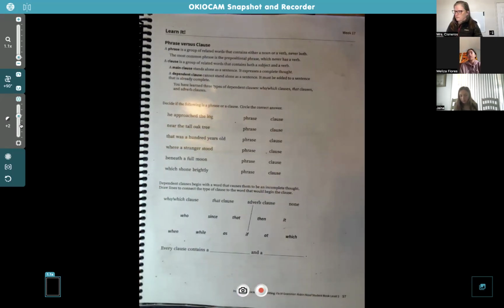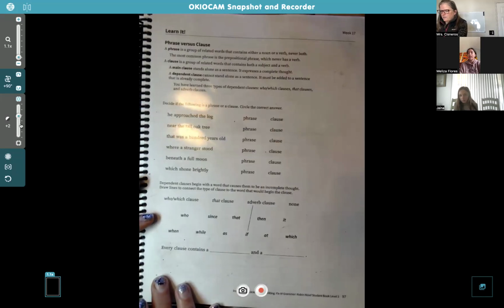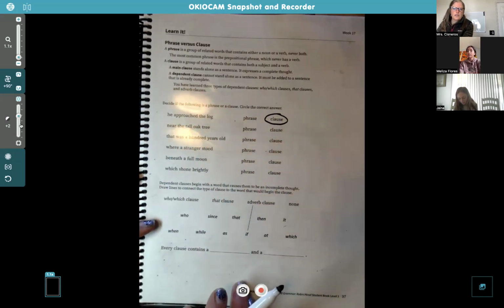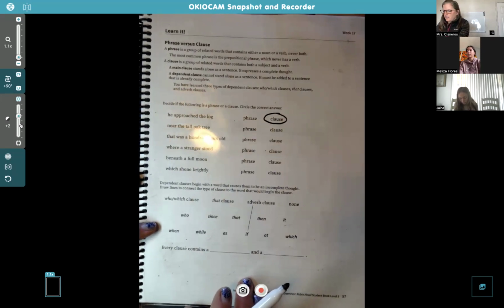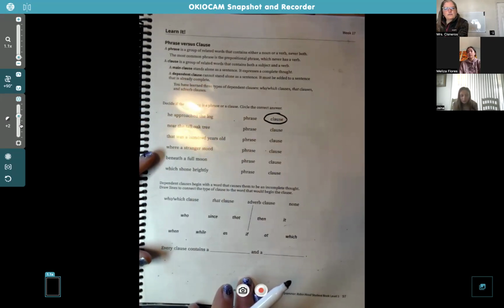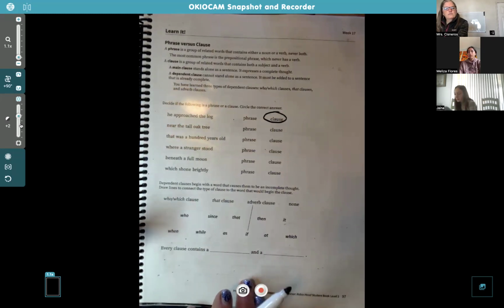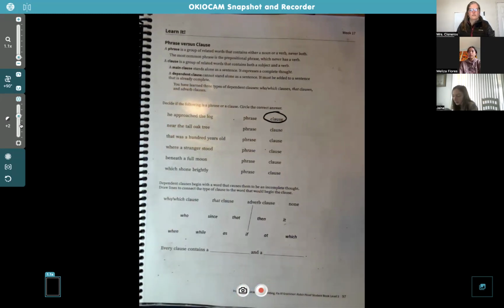He approached the log. Okay, do you think that's a clause or a phrase? A clause. It is. It's a clause because it has the verb approached. So because it has a verb, it's a clause. And then how about Jana? What's the second one? Near the tall oak tree.